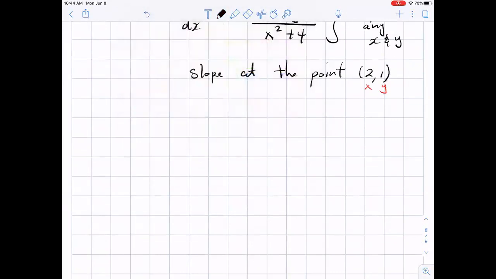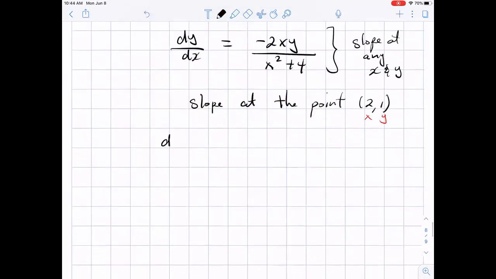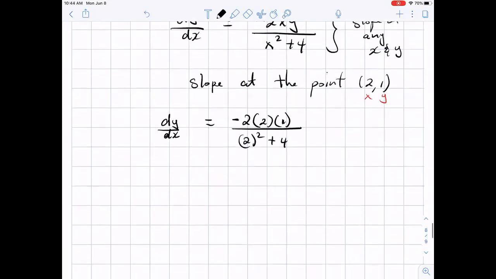So your slope dy/dx would now be equal to minus 2, x is 2, y is 1. And we plug in again, x is 2 and y is 1. There's no y in the denominator. So this is the slope at (2, 1).